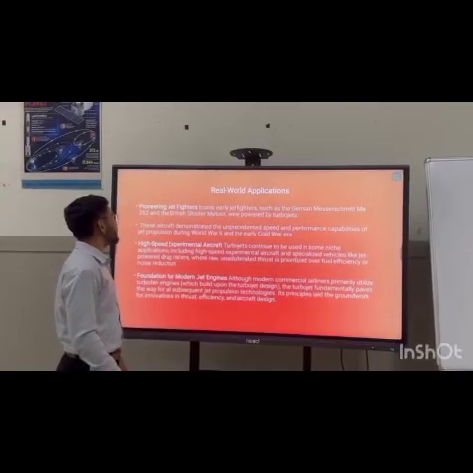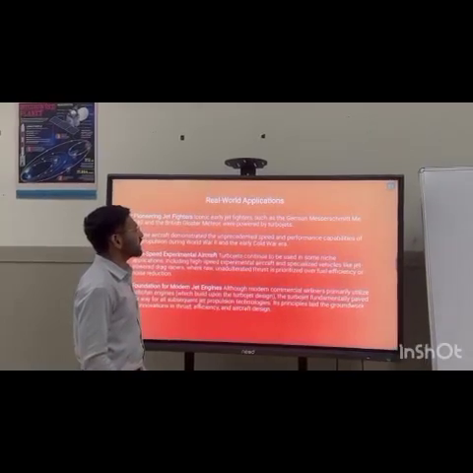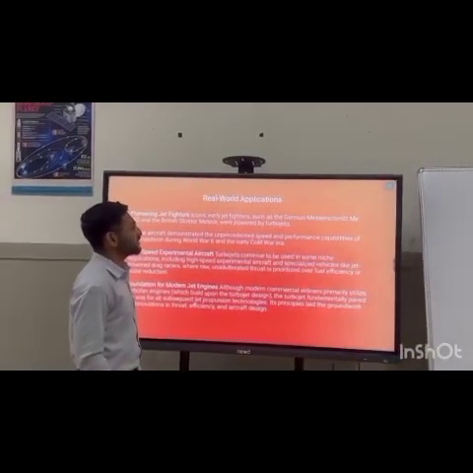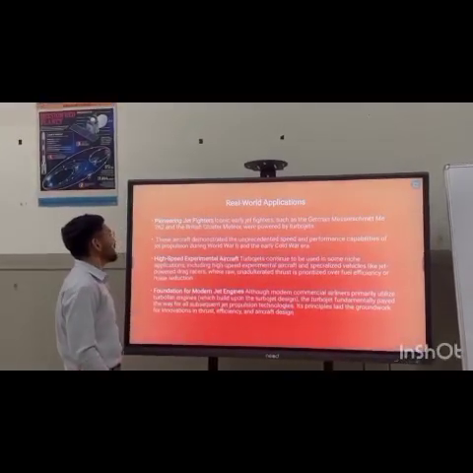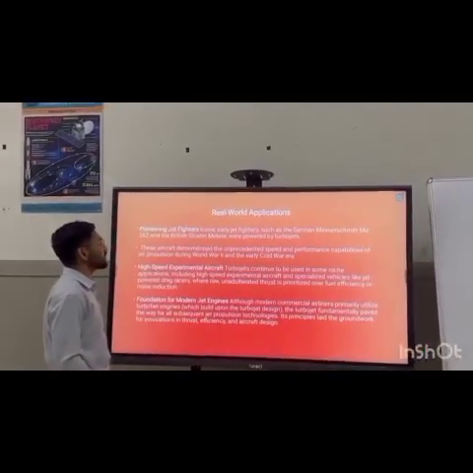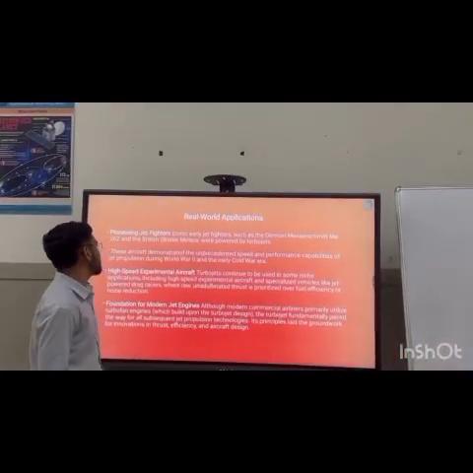Pioneering jet fighters: earlier jet fighters such as the German Messerschmitt Me 262 and the British Gloster Meteor were powered by turbojet engines.